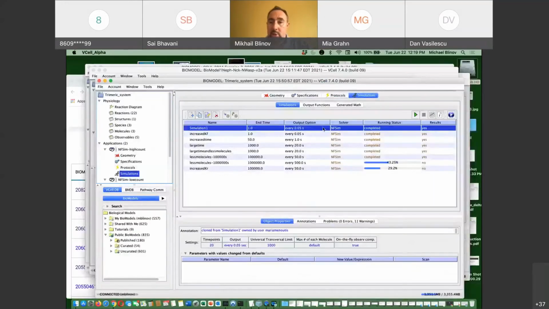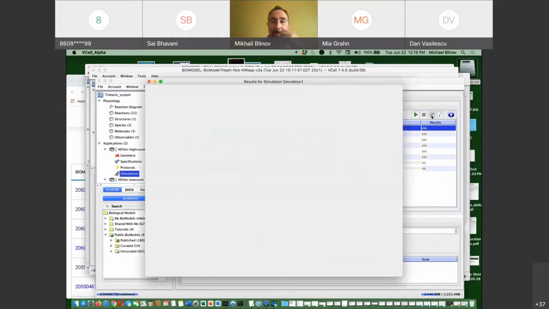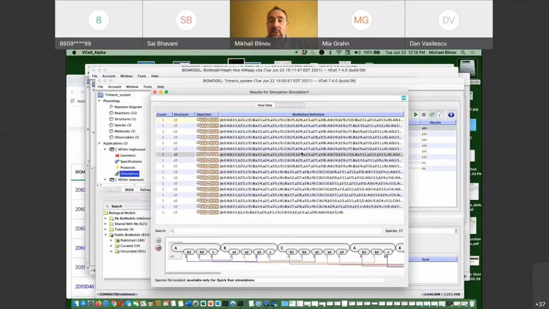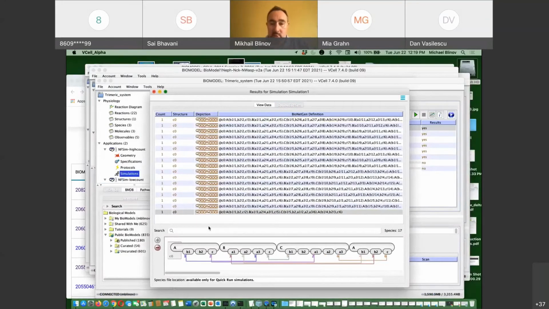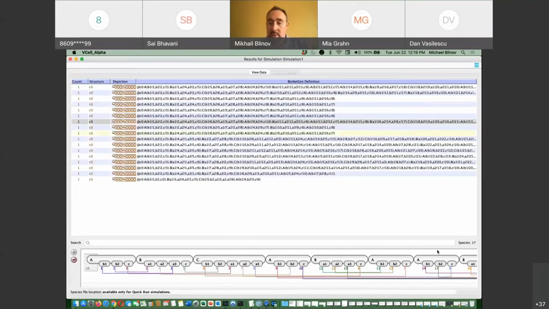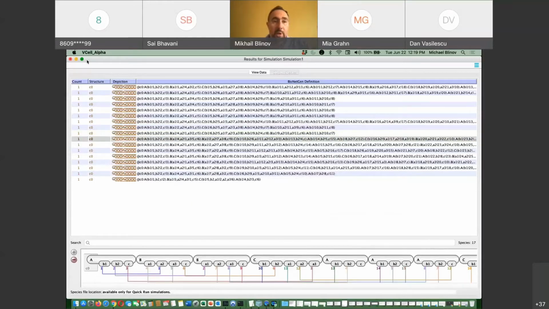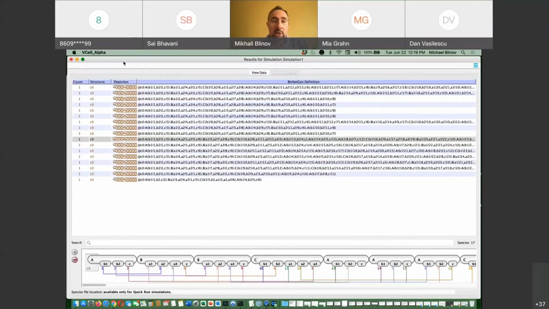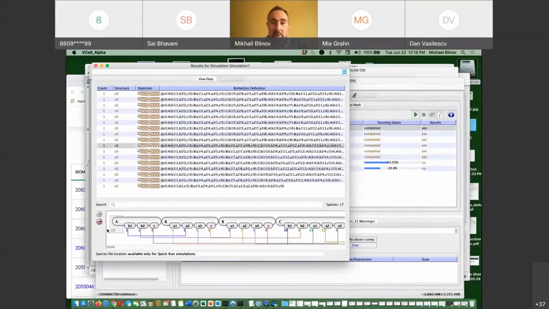So let's look at this simple one. So there are only 17 clusters, and there is a single small one. Visualization here is a bit lacking. We are working on it.